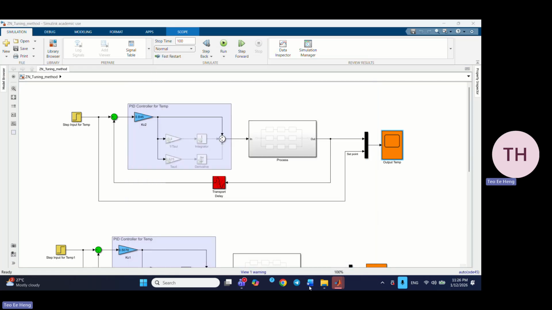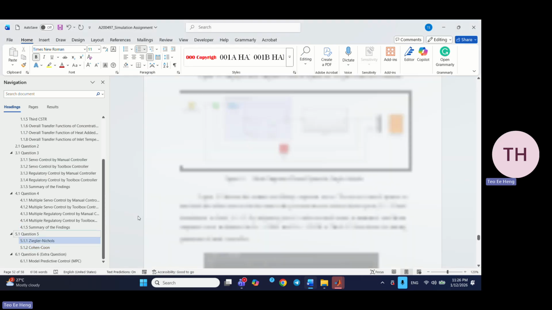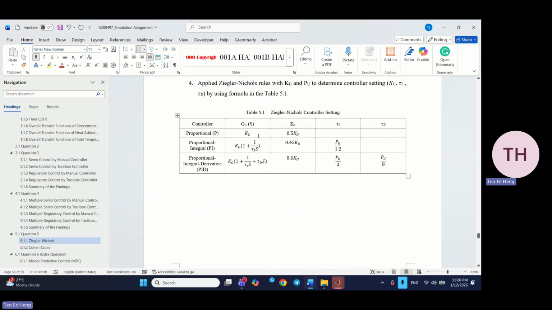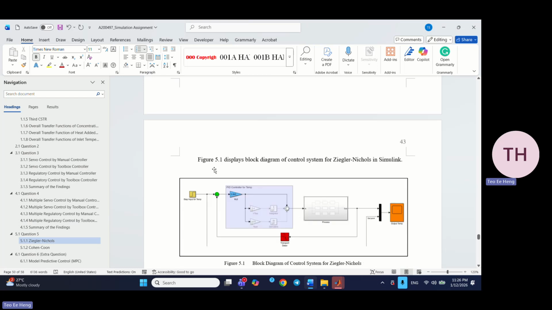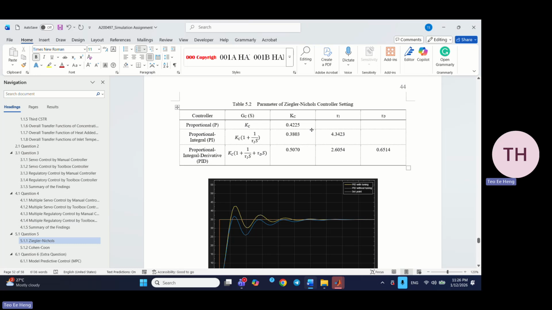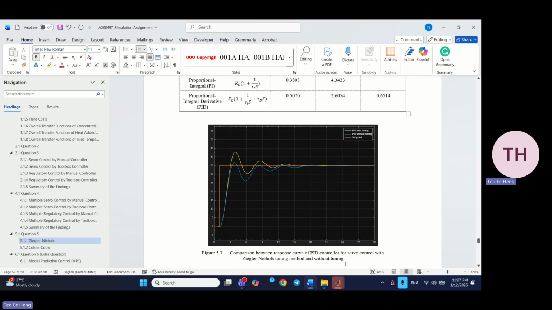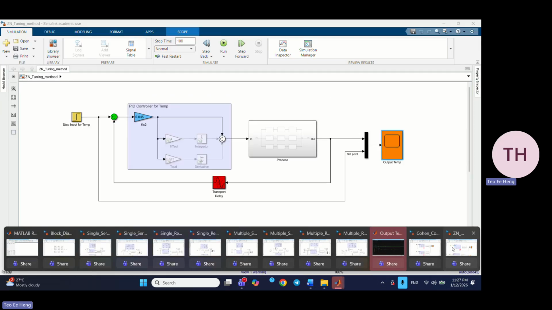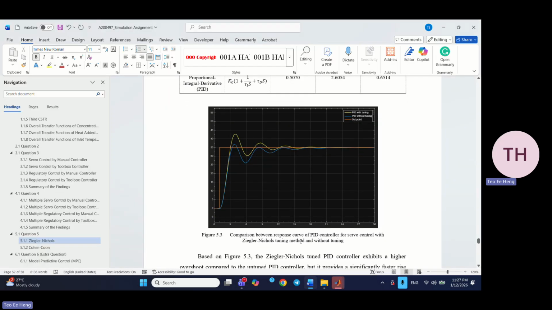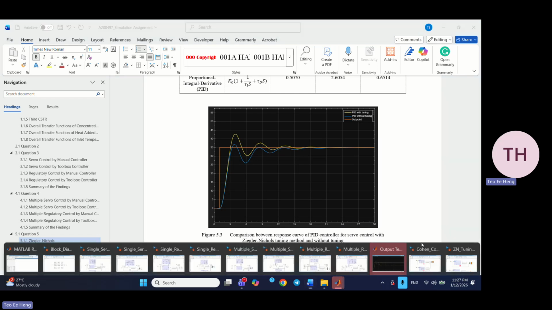And then we use the three equations here for the PID controller. Then we can get the values of Kc, tau I, and tau D for the PID controller. Then we make a design control system to compare the PID controller with the tuning and without the tuning.